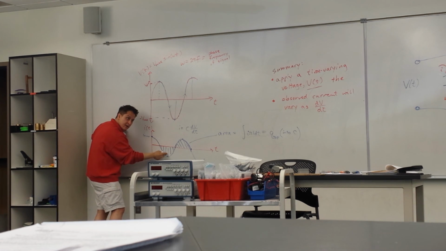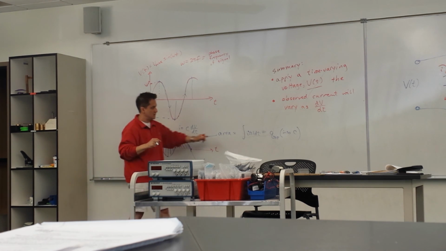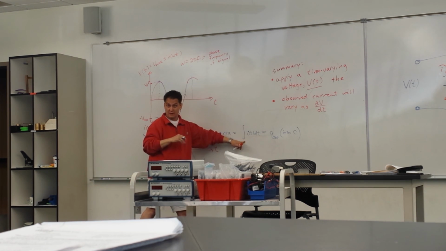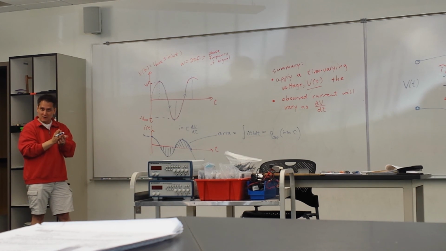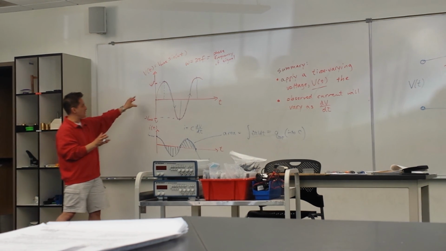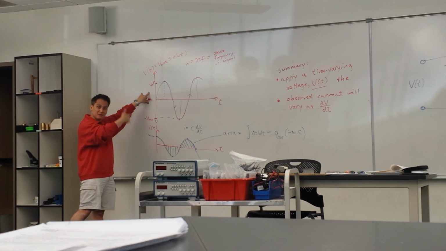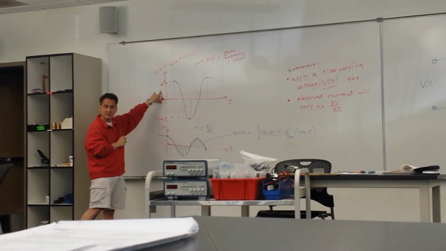This total quantity of negative charge is again related to the area underneath the current-time graph. So what we're going to do today is use the current-time graphs associated with a time-varying voltage response to measure the charge accumulation across the capacitor.